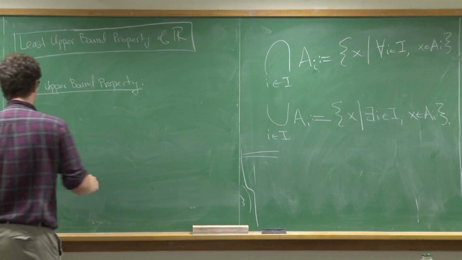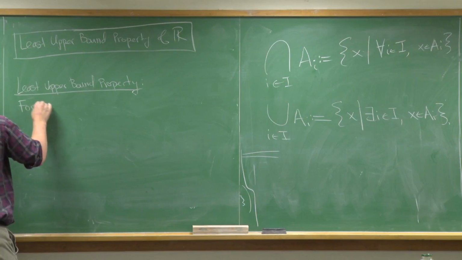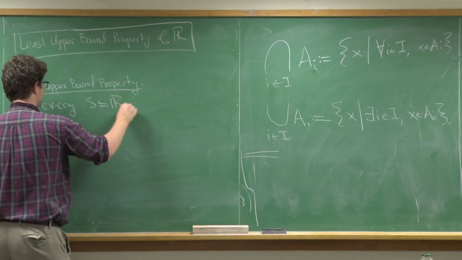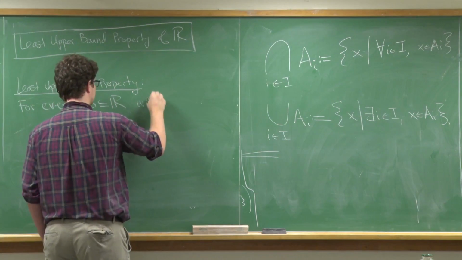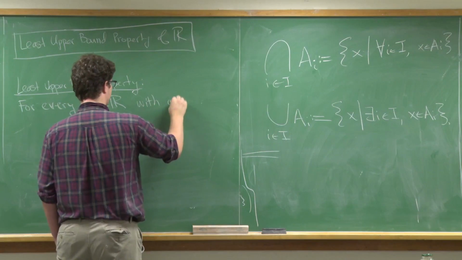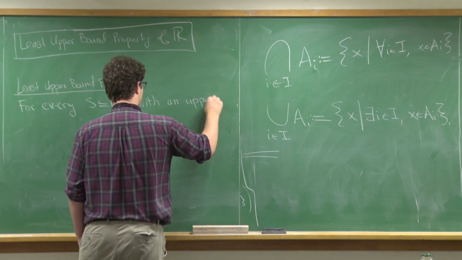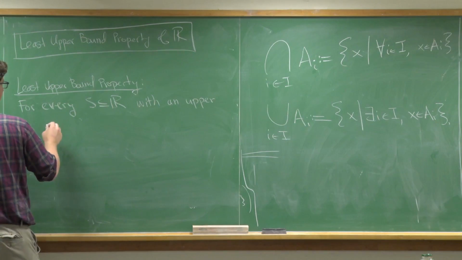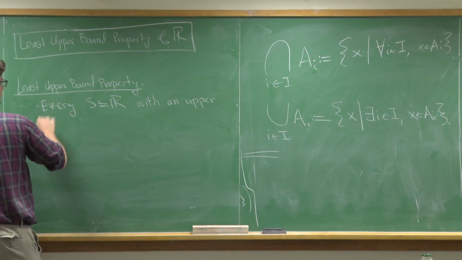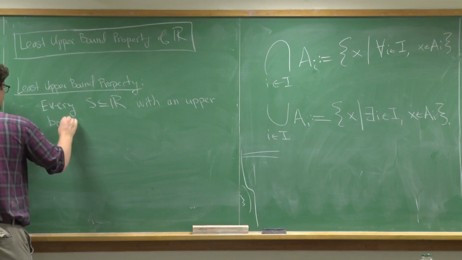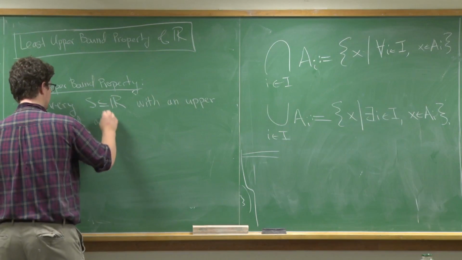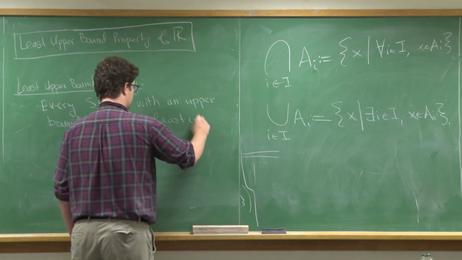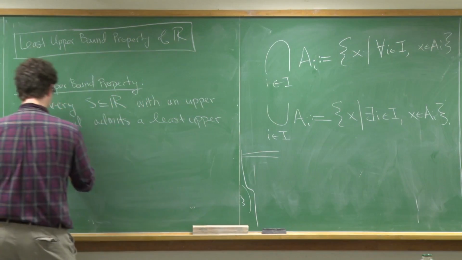It says that for every subset of the real numbers with an upper bound, let me just say it like this: every subset with an upper bound admits a least upper bound.